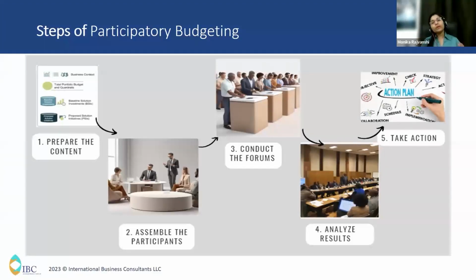All the people working at the top level take part in this participatory budgeting process. We assemble those people and then conduct the forum. After conducting the forum, we analyze what results we got, what kind of voting we got, and what kind of funding people did for different initiatives. On the basis of that, we take action.